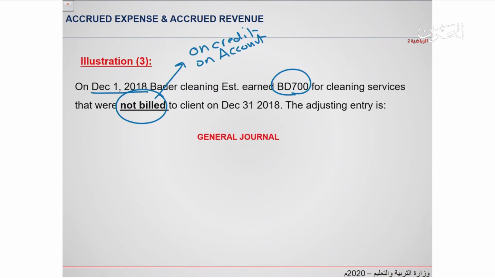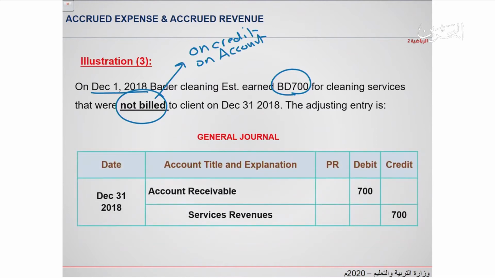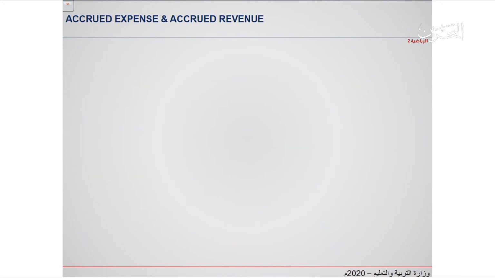So, how to put the adjusting entries in the general journal? I put the date, December 31, 2018. I put accounts receivable and service revenue directly with the amount, one in the debit side and the second in the credit side.